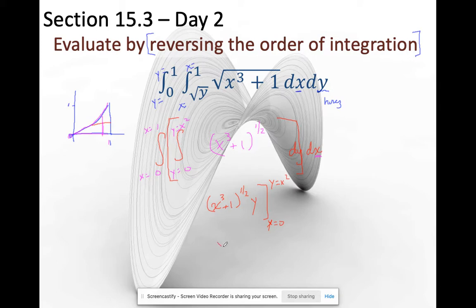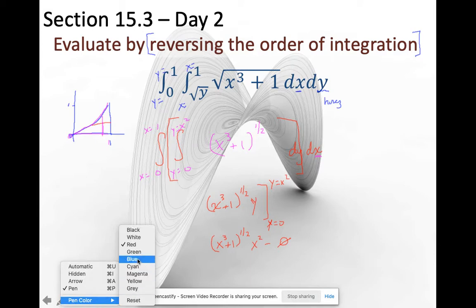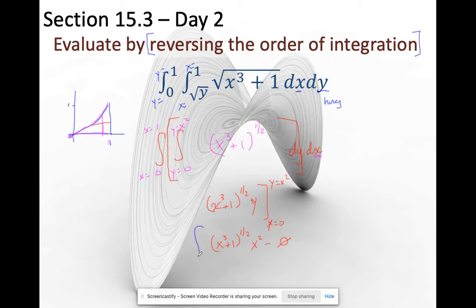Something nice, right? I get x cubed plus 1 times the 1 to the 1/2. But what are you replacing y with? Oh, snap. Isn't that nice? Then, of course, you're also going to put in 0 for y, which means it's going to be minus 0. So that goes away. And then you are going to integrate the outside piece, dx, right, because the 0 part went away. And notice now again, you've got a very nice u substitution situation.